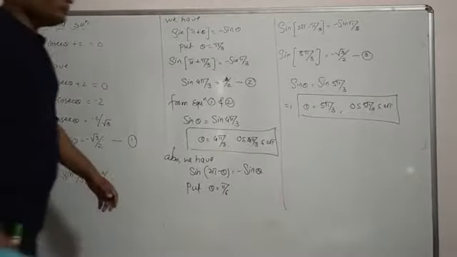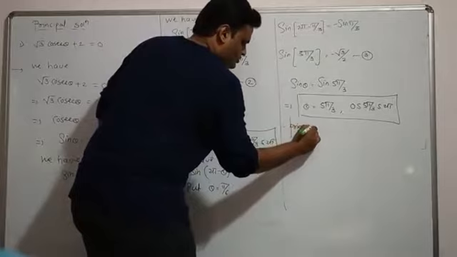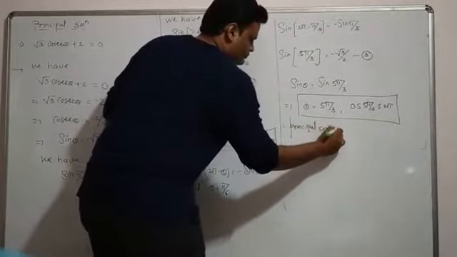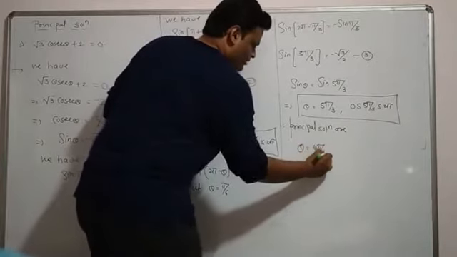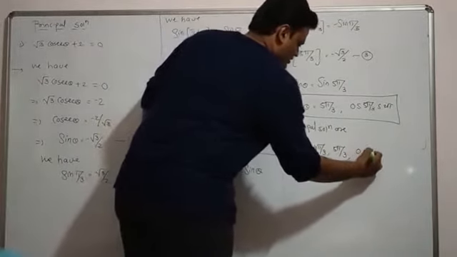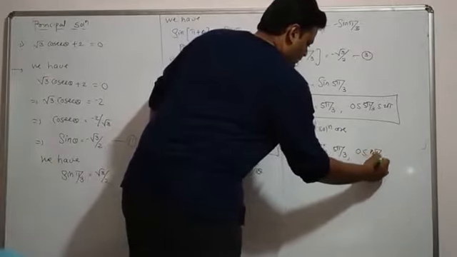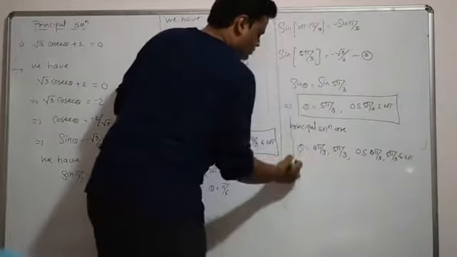So what are the principal solutions? Therefore, principal solutions are theta is equal to 4 pi by 3, 5 pi by 3, such that 0 is less than or equal to 4 pi by 3, 5 pi by 3 is less than or equal to 2 pi.